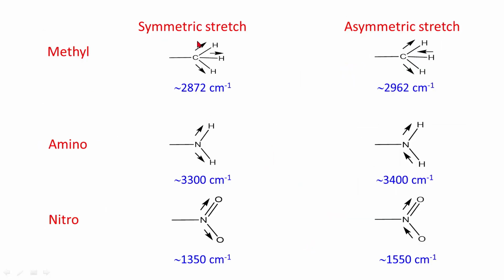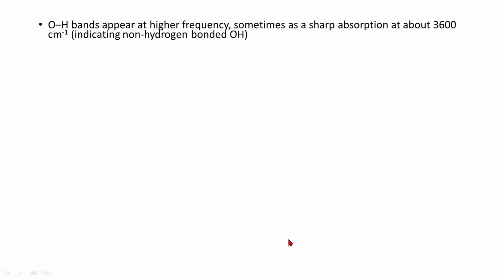These are the symmetric and asymmetric stretching vibrations of methyl, amino and nitro groups. One can see that in each case asymmetric stretch is at higher frequency as compared to symmetric stretch. OH bands appear at higher frequency, sometimes as a sharp absorption at about 3600 centimeter inverse.